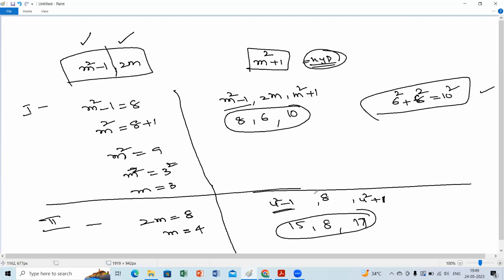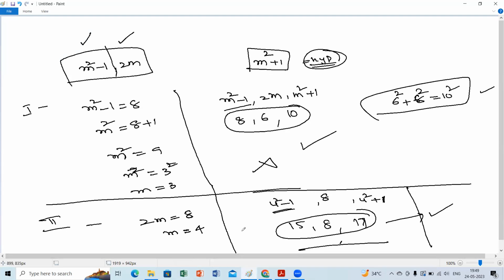Which case is true? The second case. This is our requirement, so we go with this as the correct one. Of course, the other is also a Pythagorean triplet, but we are not considering it, because our requirement is that 8 is the smallest among the triplets.